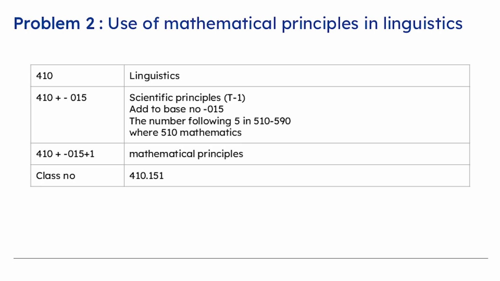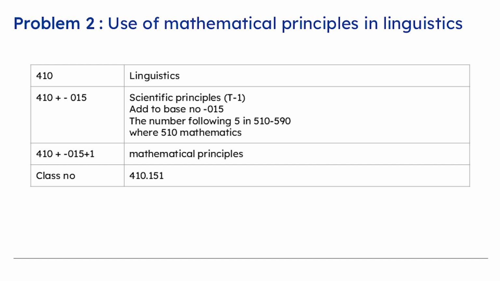The number following 5, means after 5. We have to discard 5, and only add the number after 5. So that's why it is the number following 5 in 510 to 590, the total range, that means pure sciences. Please go there, pure sciences 500, open and turn the pages simply.